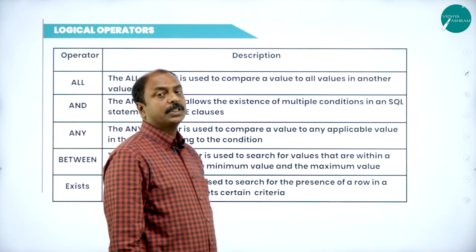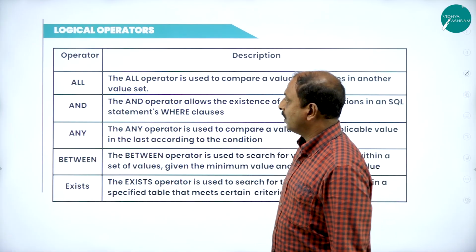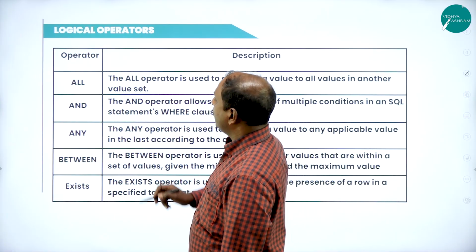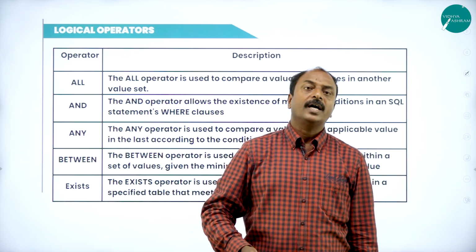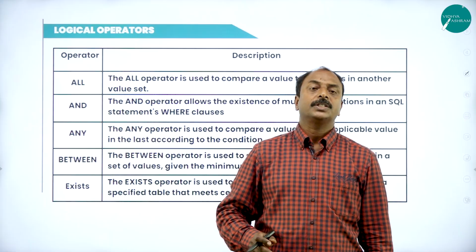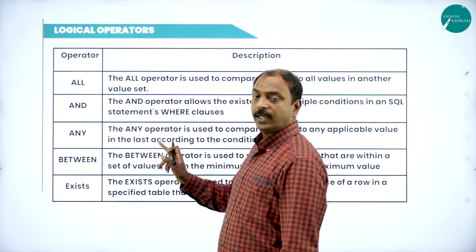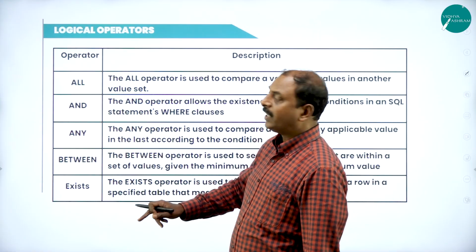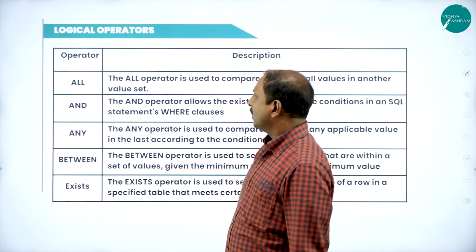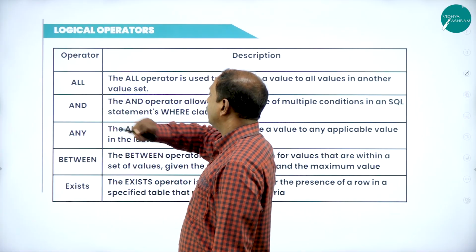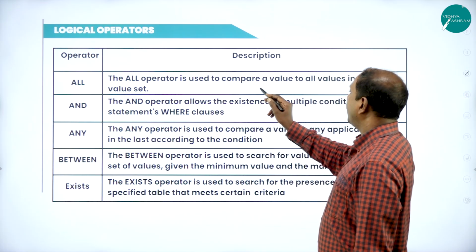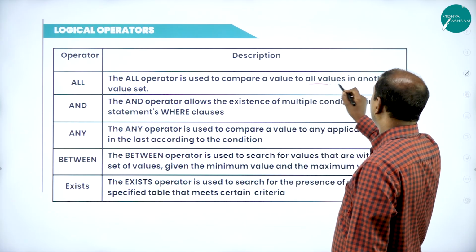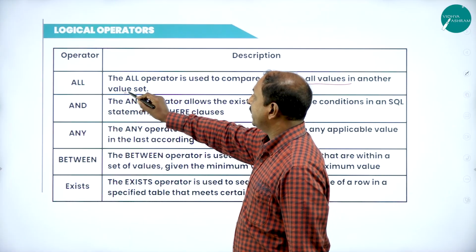The next one is logical operators. If you remember, in C++ we learned AND, OR, and NOT as logical operators. But here in SQL, in addition to those, we have a few other operators. One is ALL. The ALL operator is used to compare a value to all values in another value set.